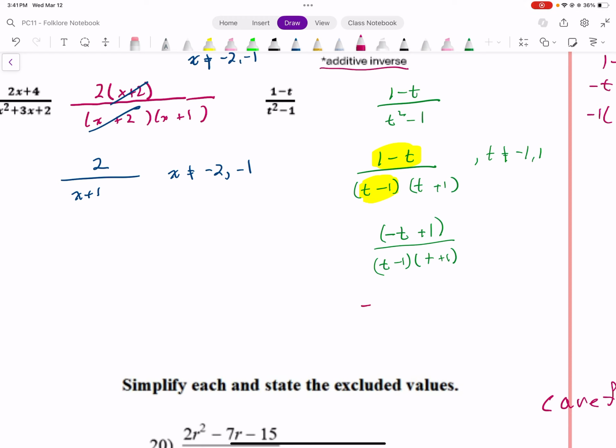I'm just going to simply factor out -1, and that top factor becomes t minus 1. And the bottom factor is t minus 1 times t plus 1. I'm going to cross out my common factors of t minus 1. And what is left is -1 over t plus 1. So that's the additive inverse.